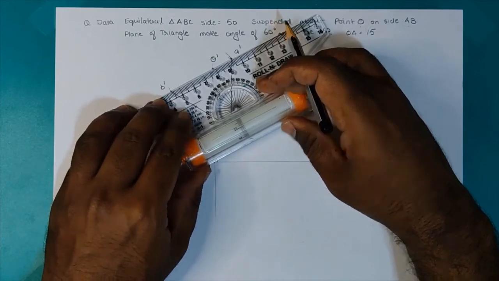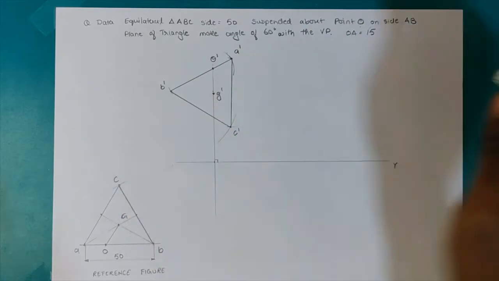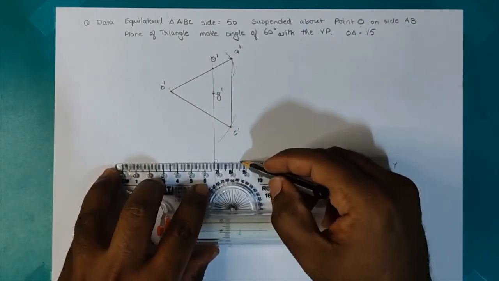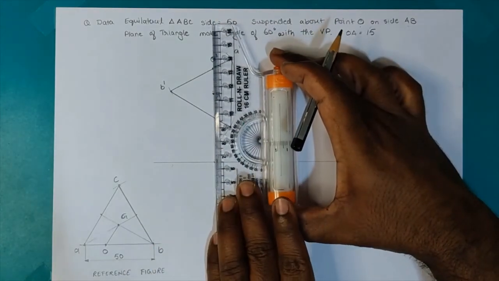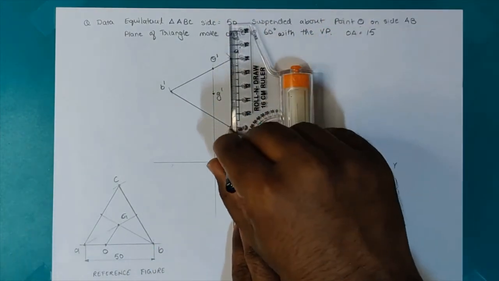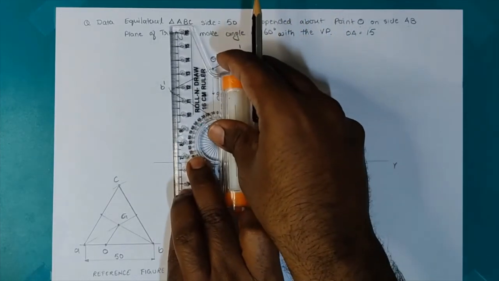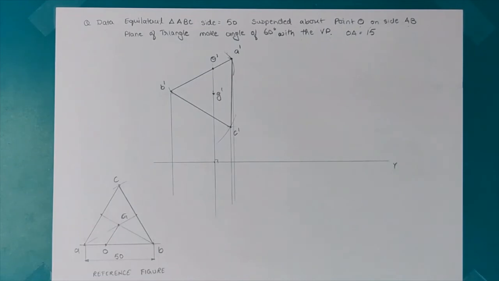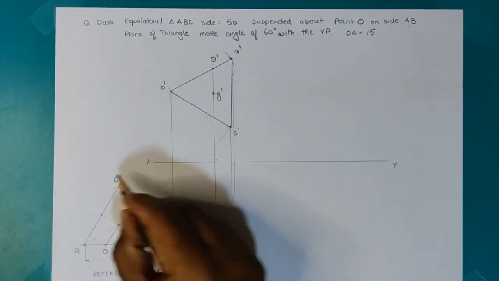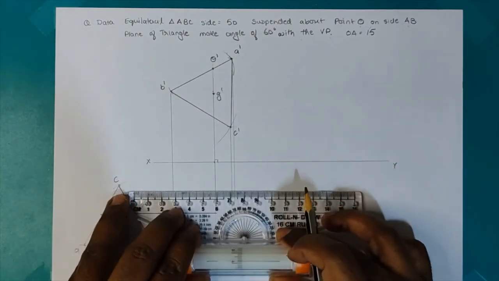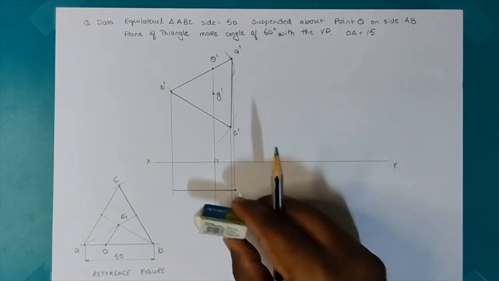and then I proceed to the top view. So I'll be drawing vertical projectors through all the points. All these projectors are drawn and the top view would be a line because the front view is a true shape, so a horizontal line which is parallel to XY.